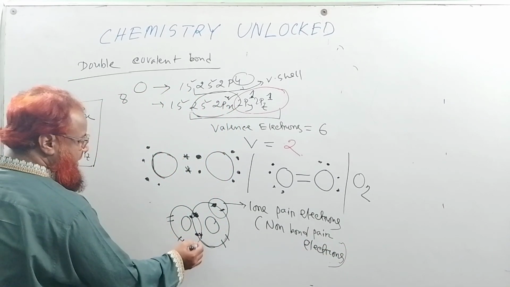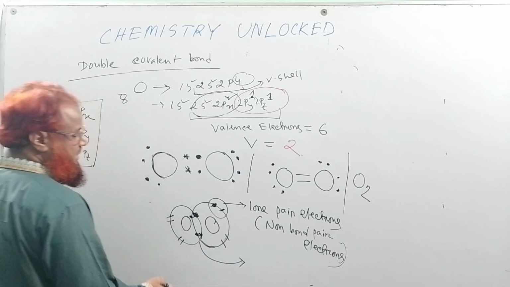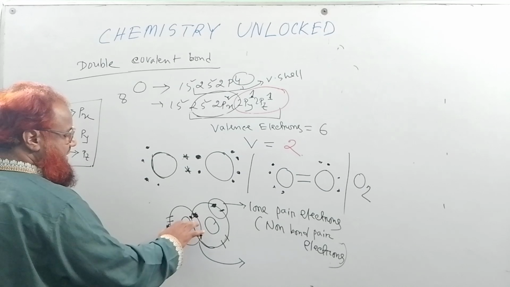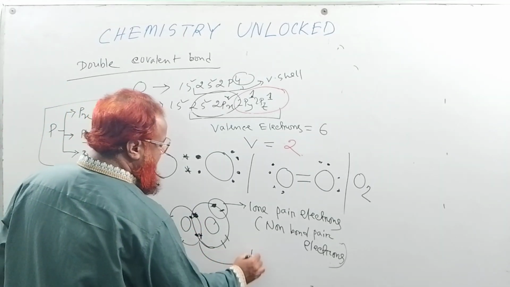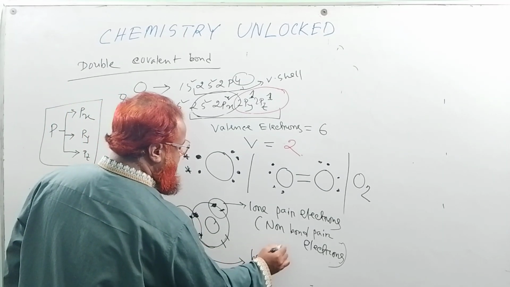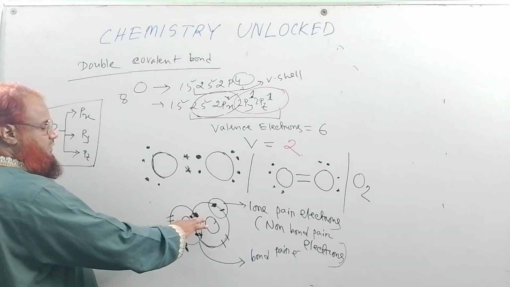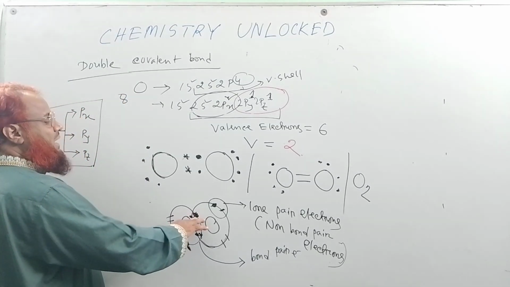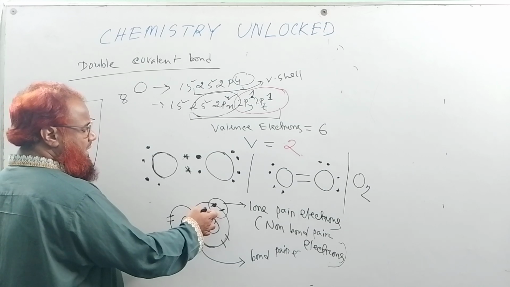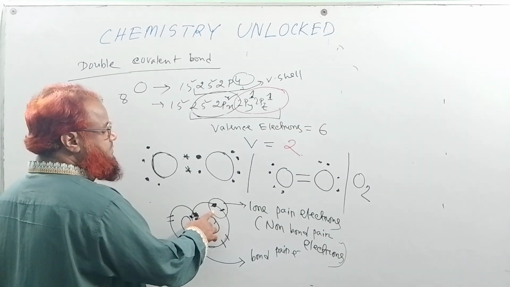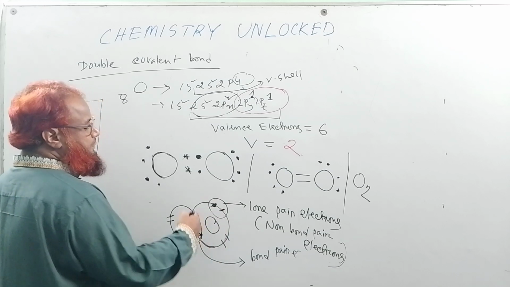And these are the bonded pair of electrons, or here the double covalent bond. So these electrons are called bond pair electrons. The electron pair which participates in the covalent bond is the bond pair, and the pair which does not participate in the covalent bond is called a lone pair electron, or free pair of electrons.